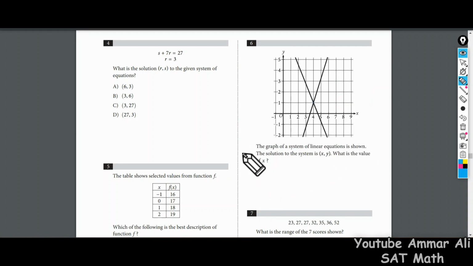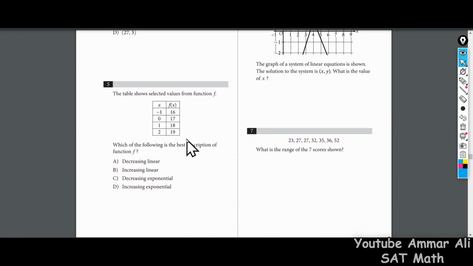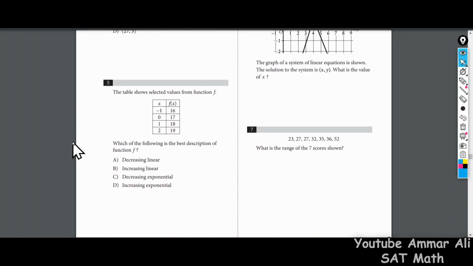Okay. Moving on to question number 5. They're giving us some data points, and they're asking us what is the best description of the function. They're asking, is it linear, is it exponential, and is it increasing or decreasing, right? Let's figure out the first problem. Is it linear or exponential? If I look at this table of data, every time we increase x, it's increasing by 1, right?